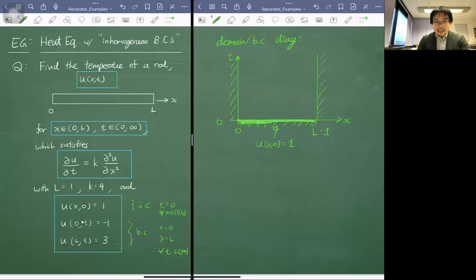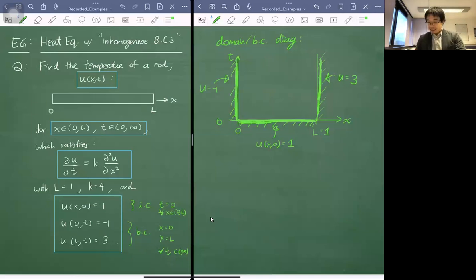And then at x equals 0, as soon as time moves on from 0, we make sure u equals -1 here, right? And then we make sure u equals 3 at the other end, okay? So the uniform temperature rod, we immediately on one side cool it down, the other side heat it up, right?